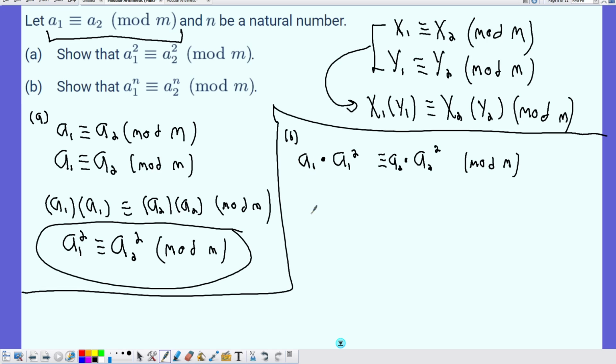Hence, a1 times a1 squared is a1 to the third power, and that's going to be congruent to a2 to the third power mod m. Okay? And I can do this again. Multiply by a1 and multiply by a2 on the other side. The congruence still holds. And I get a1 to the fourth power is congruent to a2 to the fourth power mod m.